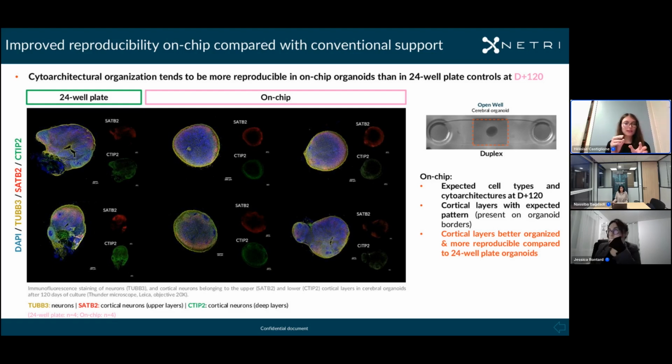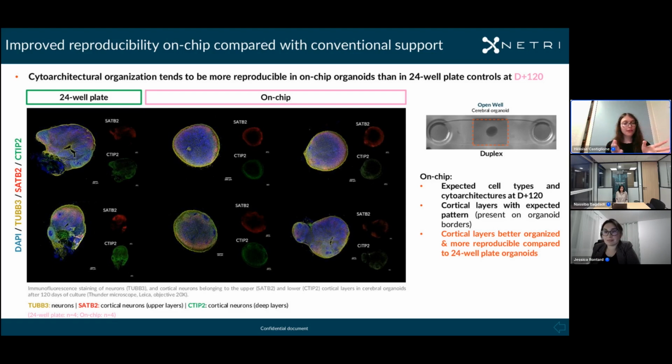And we can observe that these cortical layers are well formed and present only on the borders of the organoids for all the on-chip organoids, while for the controls in 24-well plates, these cortical neurons seem less organized and do not always form a distinct cortical layer as represented here.